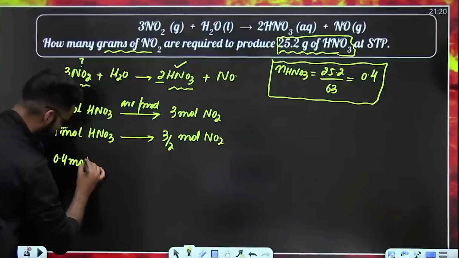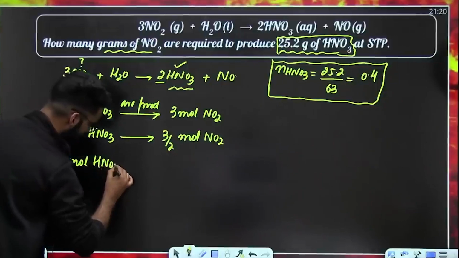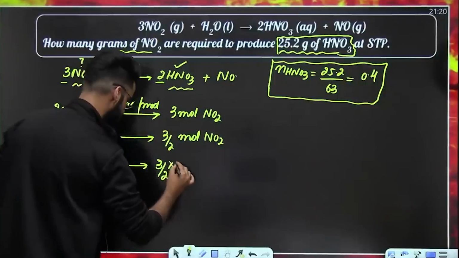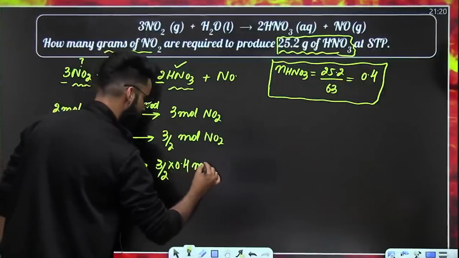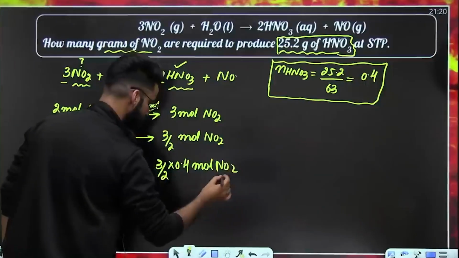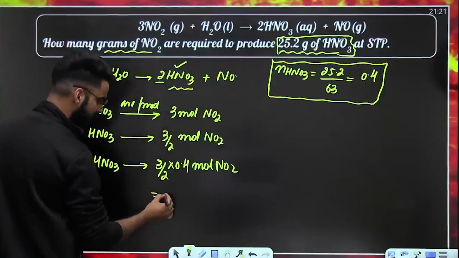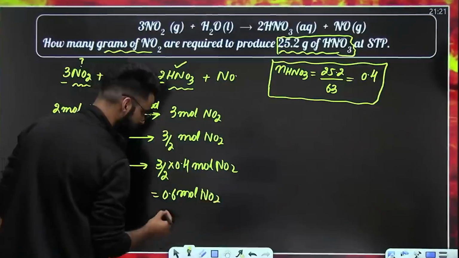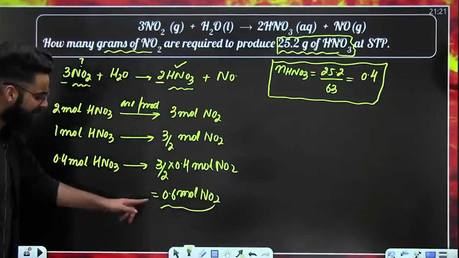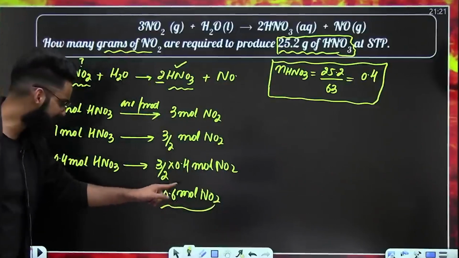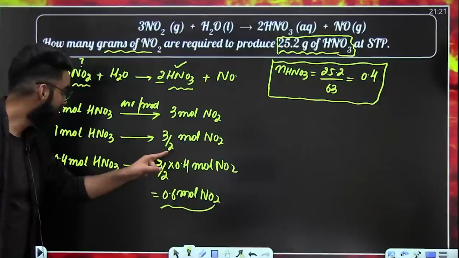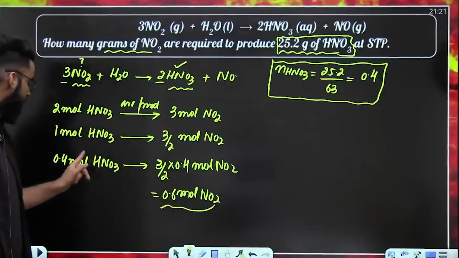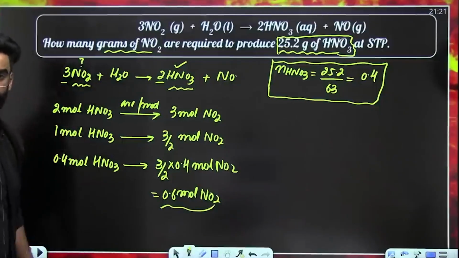So 0.4 moles of HNO3 is produced from 3 divided by 2 multiplied by 0.4 moles of NO2. This is 1.2 divided by 2, that means 0.6 moles of NO2. So what did we calculate? These are the moles of NO2 which are required to produce 0.4 moles of HNO3.